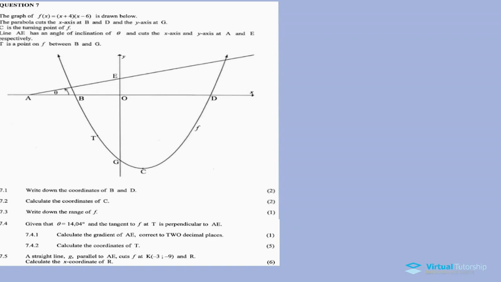So just make sure with the functions you check parabola, check your hyperbola, check your straight line, check your exponential function. Know how to write down the inverse of the exponential function. So question 7 is a combination of a straight line as well as a parabolic function.